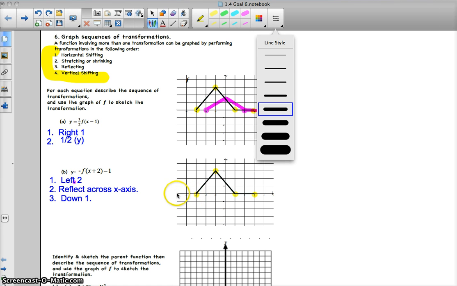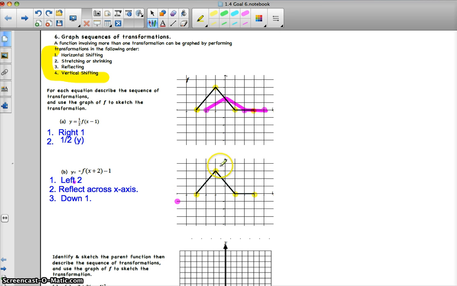I'll reflect across the x-axis. When a point is on the x-axis, there is no reflection, and then I'll shift down 1. From the second point, I'll move left 2, reflect across the x-axis. This point is 3 places above the x-axis, so its reflection is 3 below. 1, 2, 3. And from here, after the reflection, I'll shift down 1.